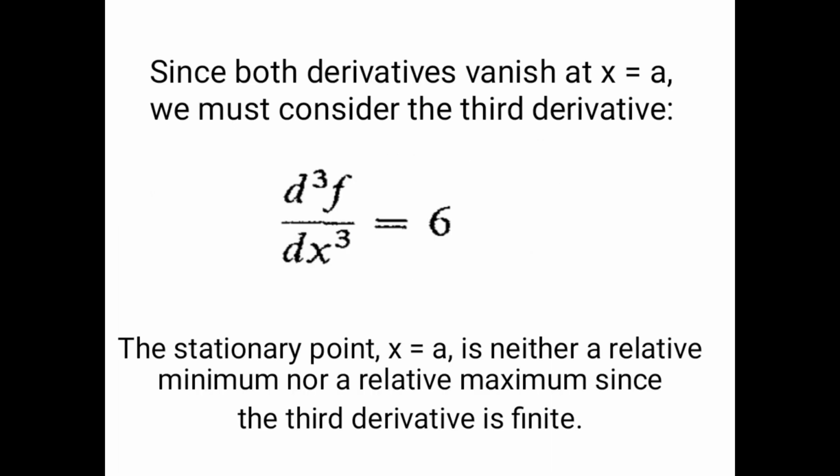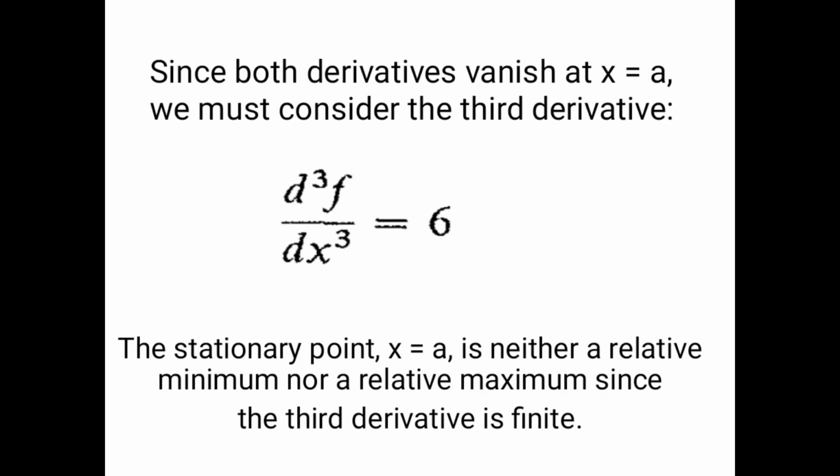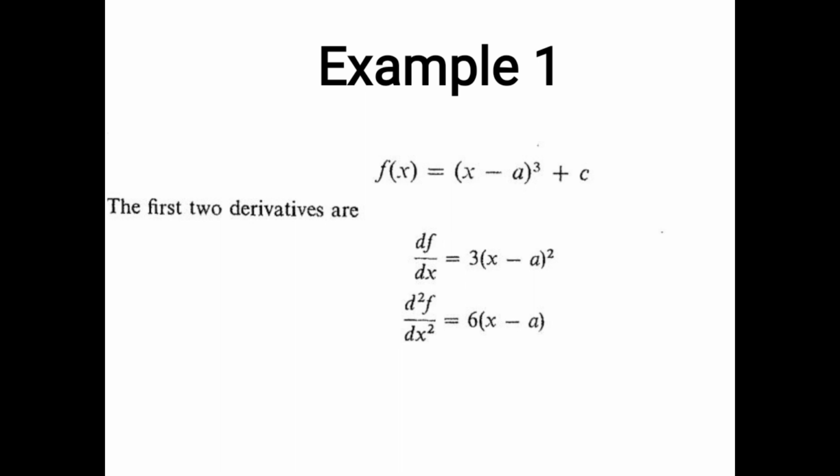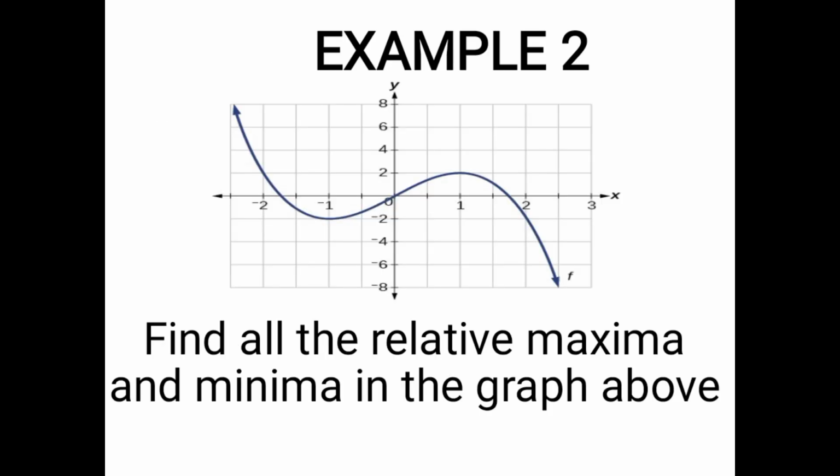Since both derivatives vanish at x equals a, we consider the third derivative. Differentiating again, we have 6. The stationary point x equals a is neither a relative minimum nor a relative maximum, since the third derivative is finite.